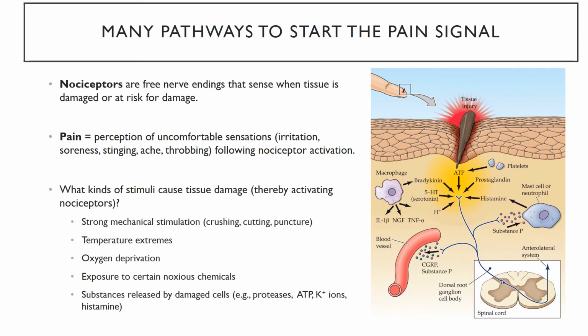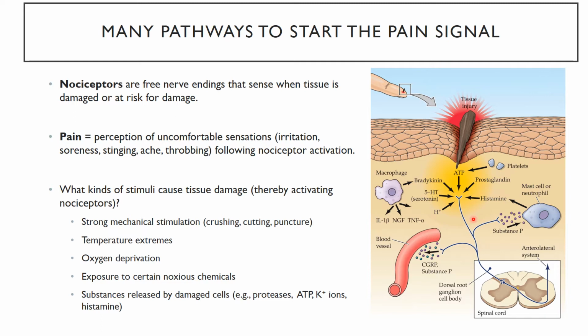So what kind of stimuli can cause tissue damage? There's all kinds. When you get a tissue injury, like a splinter, it causes me pain just to look at that. There is a mechanical stimulation that happens, and that can induce change in these free nerve endings. So there's the stretching that occurs, similar to the free nerve endings for touch.